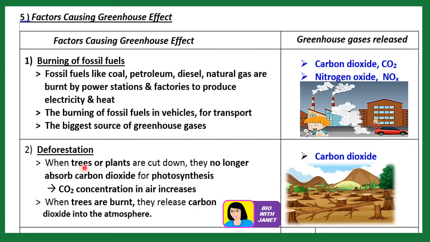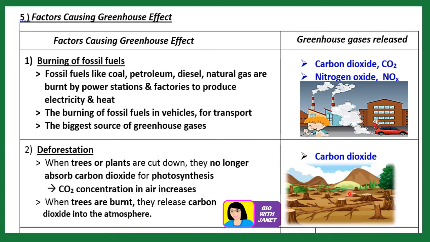Deforestation is the second factor. When trees or plants are cut down, they no longer absorb carbon dioxide for photosynthesis, so the carbon dioxide concentration in the air will increase. So nowadays, a lot of forests are cleared for agricultural use, or also to get the wood for construction, right?